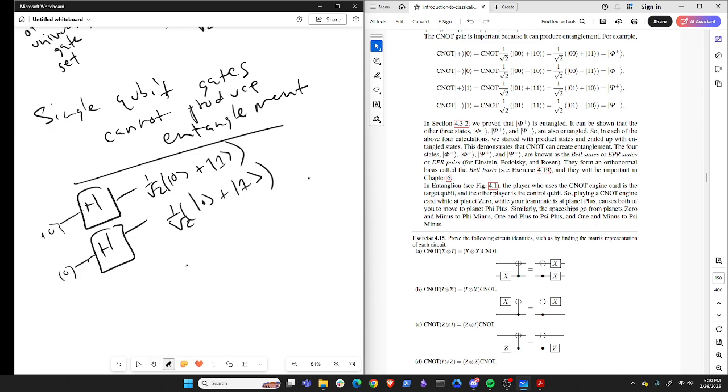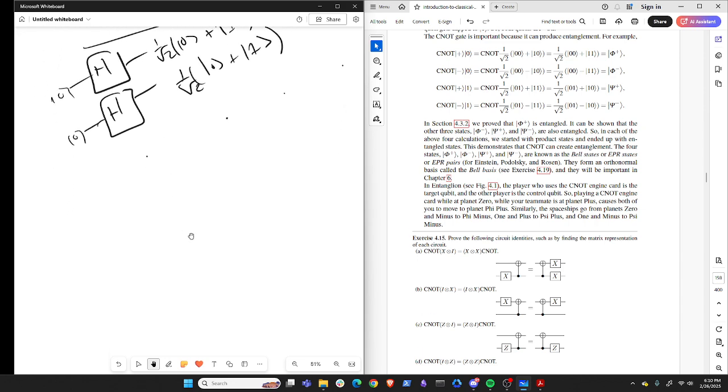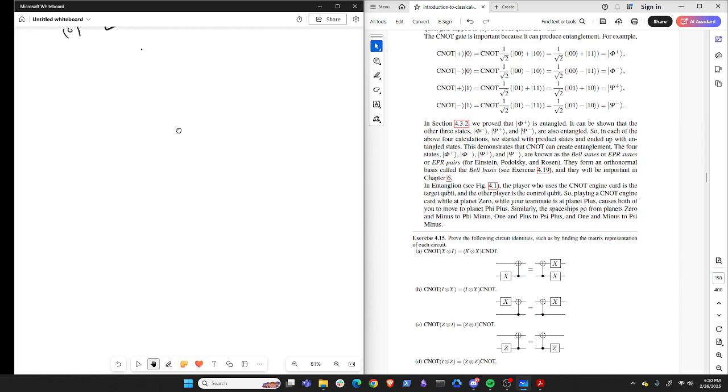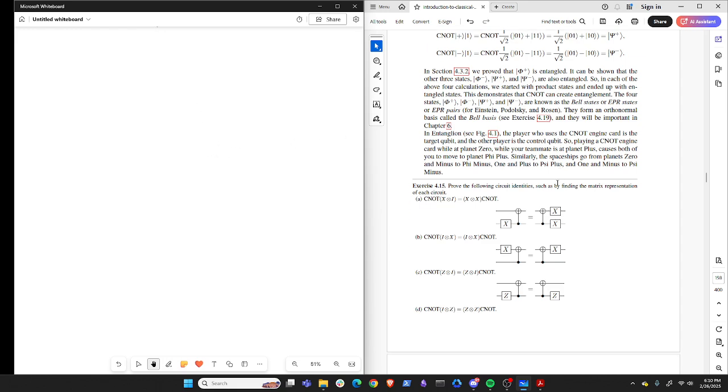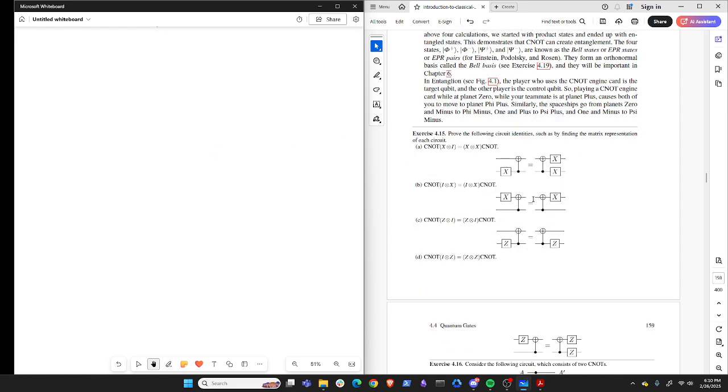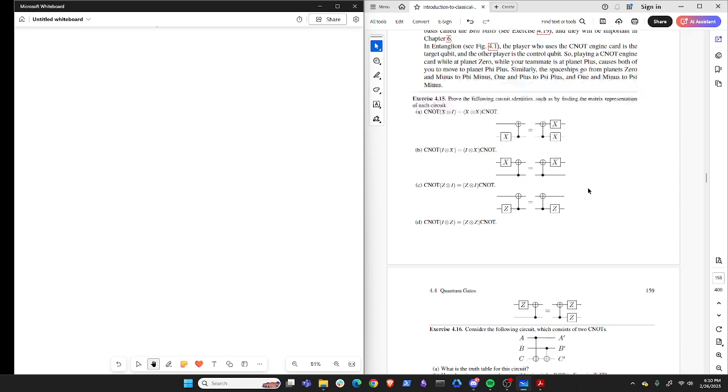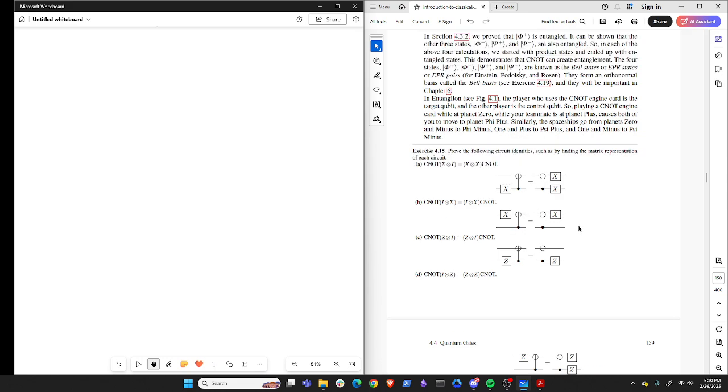Now we'll have 4 different probabilities of getting 0, 0, 0, 1, 1, 0, etc. But there's no entanglement there. They each can be measured and not affect the outcome of the other. So Hadamard gates can create superposition, which is important for being able to build other gates, being a universal gate, but they cannot create entanglement. So we have to use C0s in our universal set to prove that.